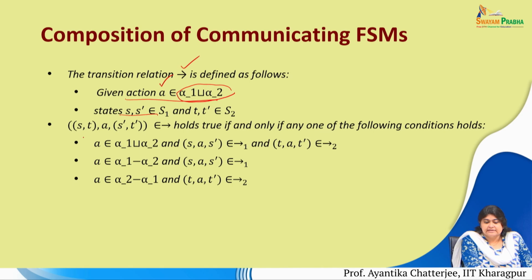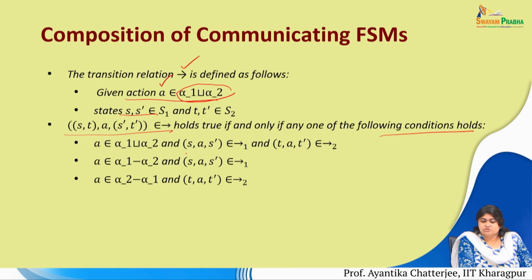So, this is a valid transition, that means (S, T) to (S dash, T dash), if and only if any one of the following conditions holds. There are three possible conditions, as we have already discussed.